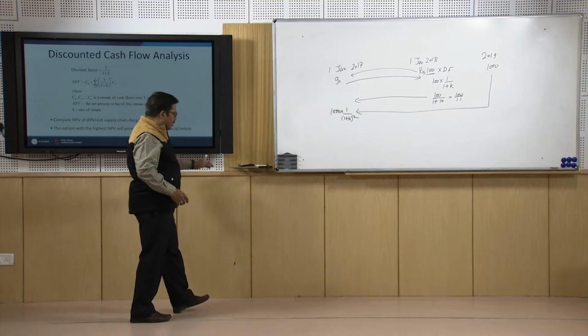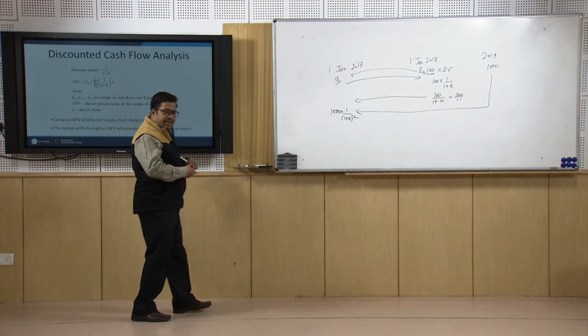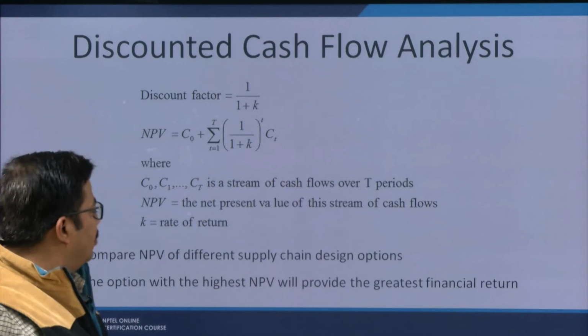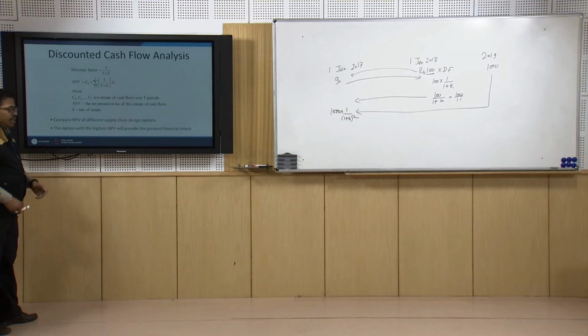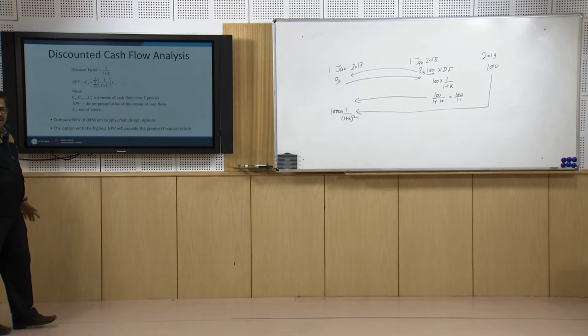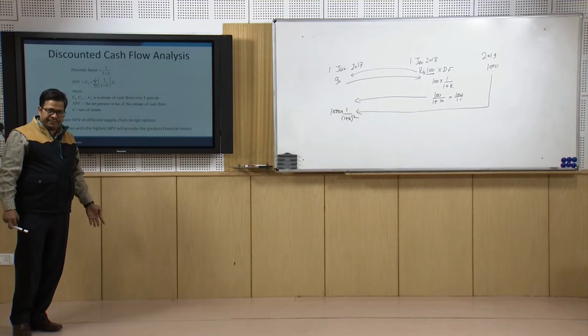We will compare this total net present value for different alternatives, different supply chain design options, and the option which gives me the highest NPV will give me the highest financial return.